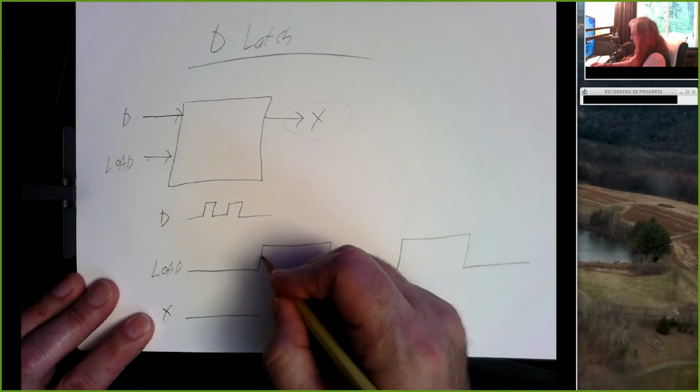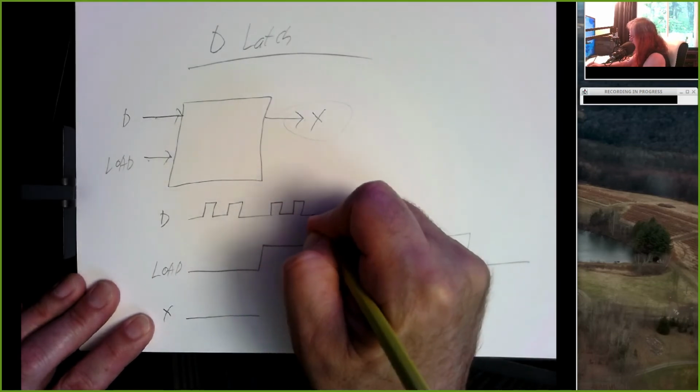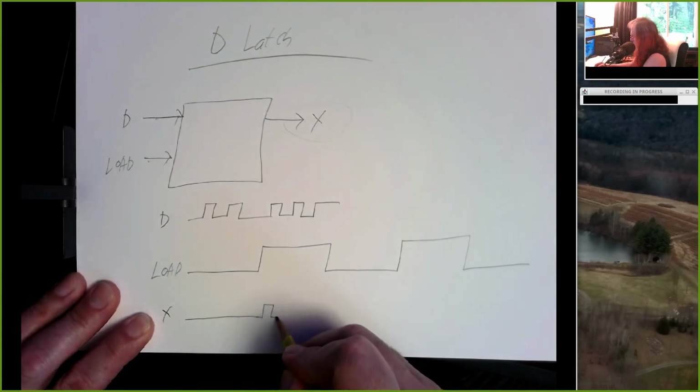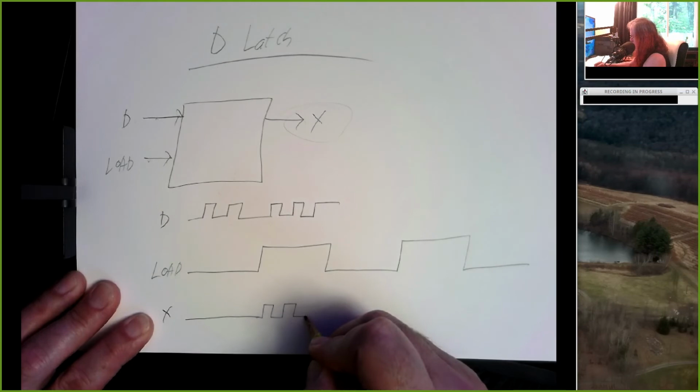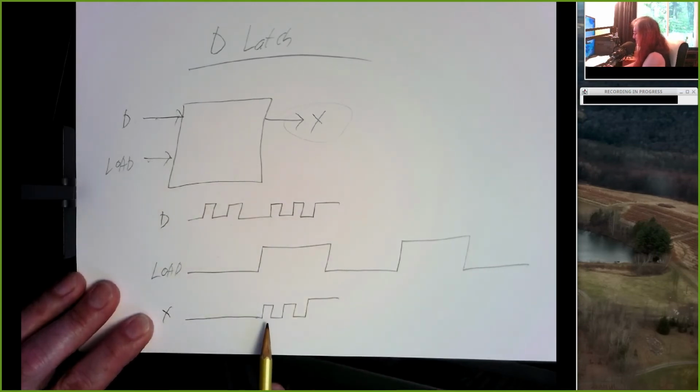But once the load line goes high, the X output matches the D input. Right? Any cows that wander into the field end up in the field.